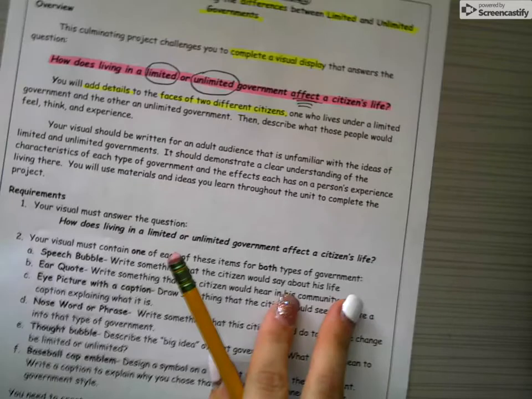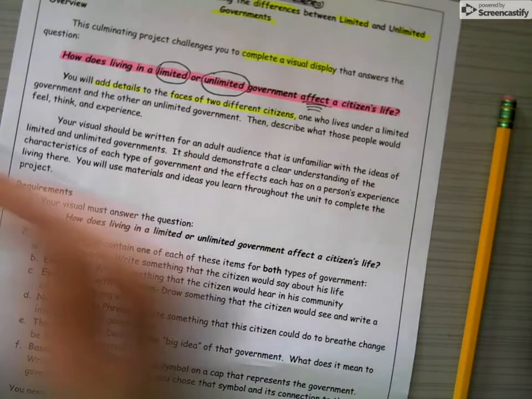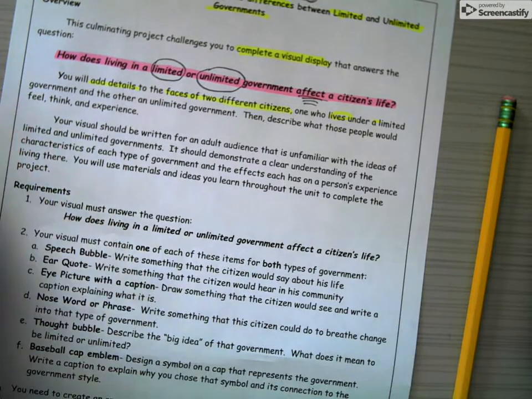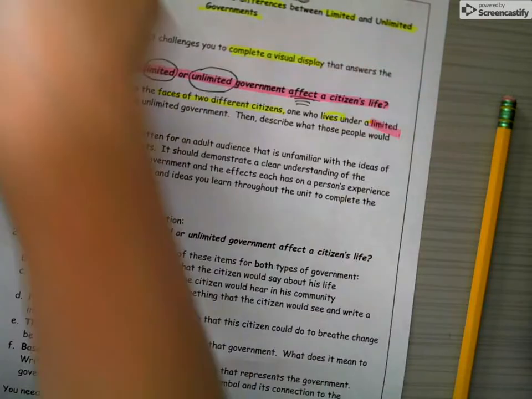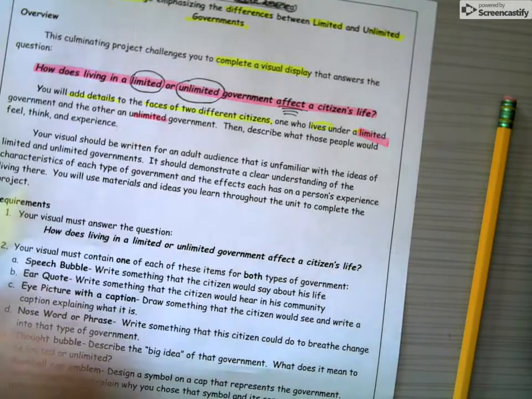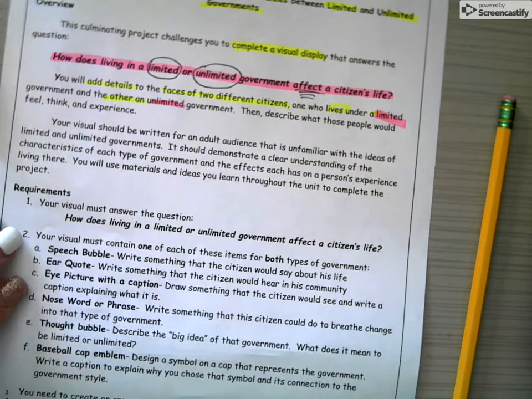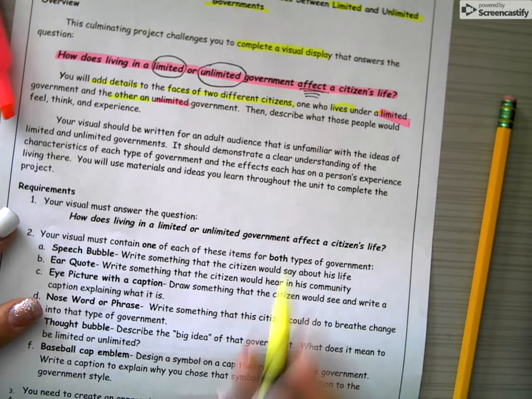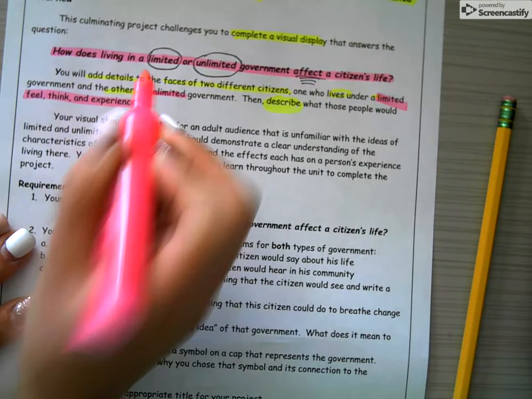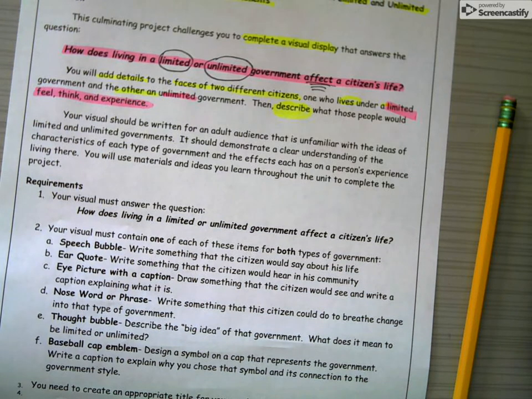So you're going to be adding details to the faces of two different citizens, one who lives under a limited government and the other who lives in an unlimited government, okay? So there's two faces, one for limited, one for unlimited. You're going to describe what these people would feel, think, and experience. That's how you're going to show me that you understand the difference between limited and unlimited.